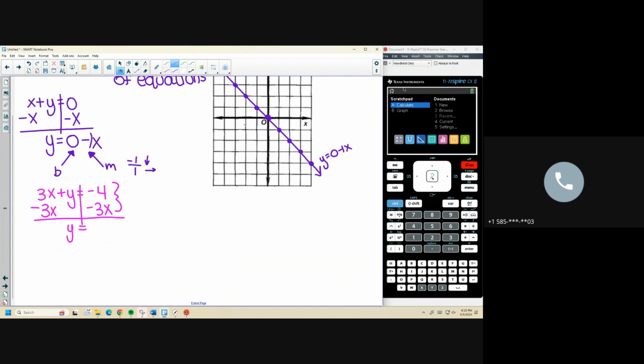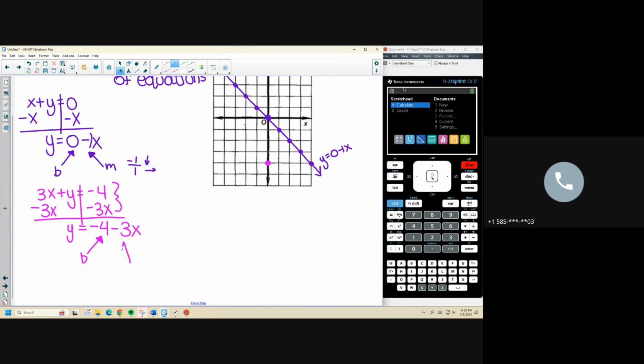These are not like terms, so I cannot combine them, which means my right-hand side is going to be -4 minus 3x. And now y is by itself. b is my constant. Remember, we begin with b, so that's my y-intercept, which is -4. That would be right here.